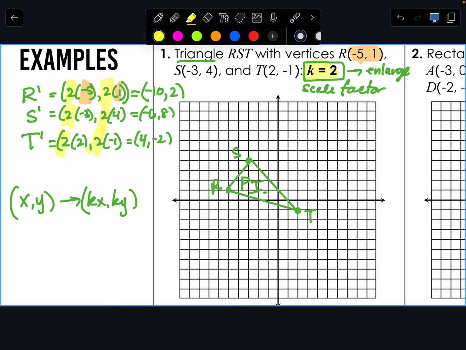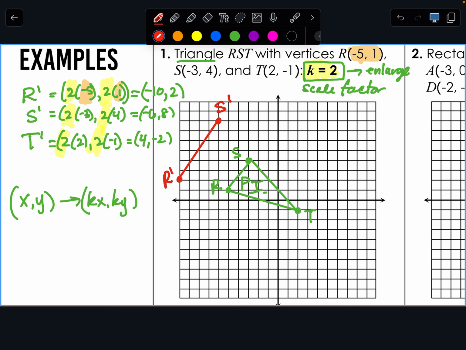So all this is where we multiplied each coordinate by 2. So we graph our new coordinates. -10, 2, that's R prime. -6, 8, there's S prime. Now, for everything else, we could have counted lots of other things that we've translated and shifted.